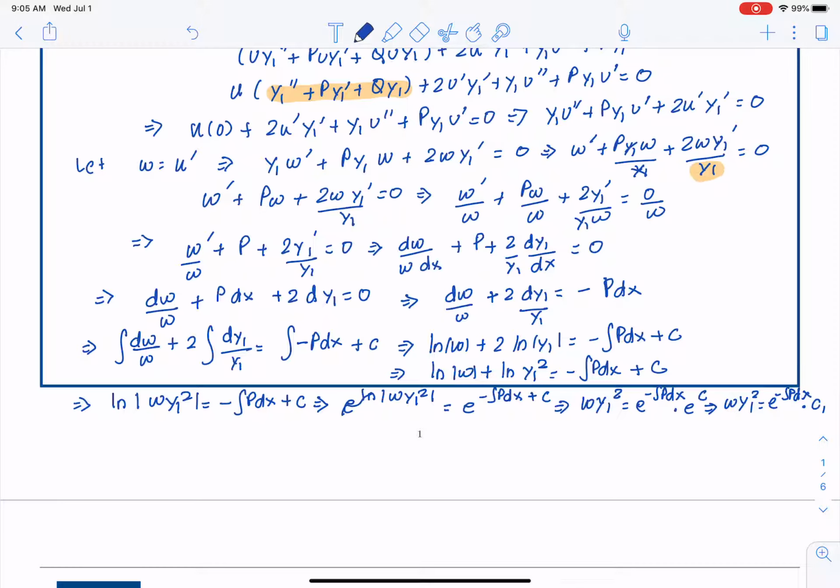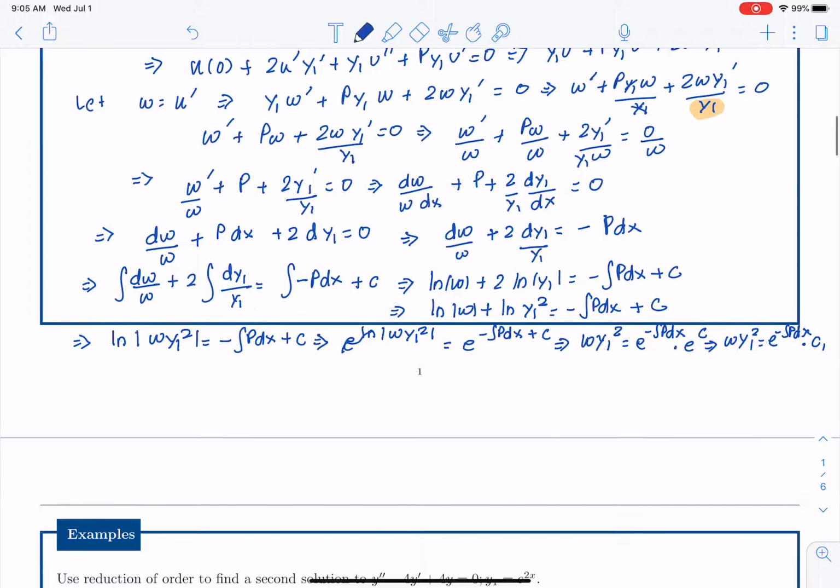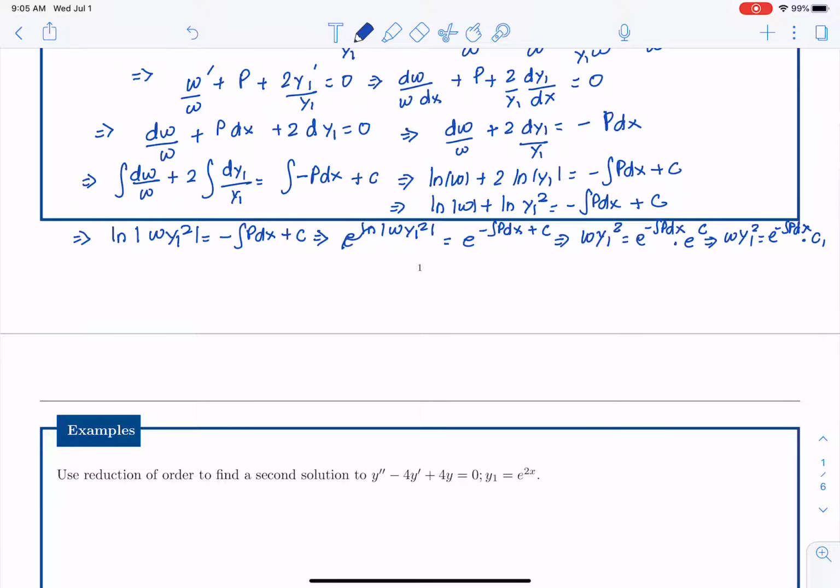Now we have to define u, because u is going to give us w. So what we have just found is w y1 squared equals e raised to negative integral p dx times c1.